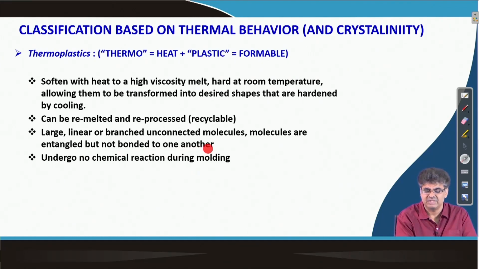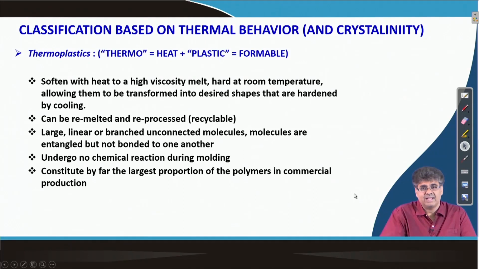But they are not bonded to each other, and during the melting or cooling process, these polymer molecules do not undergo any chemical reaction. This is the process we call the molding process. As I just mentioned, thermoplastics, or plastics, constitute by far the largest portion of the polymers in commercial production. So all the commercial polymers we see are mainly constituted by thermoplastic materials.